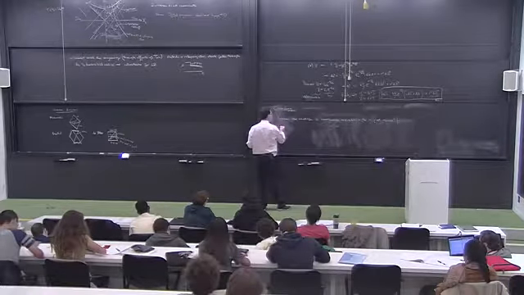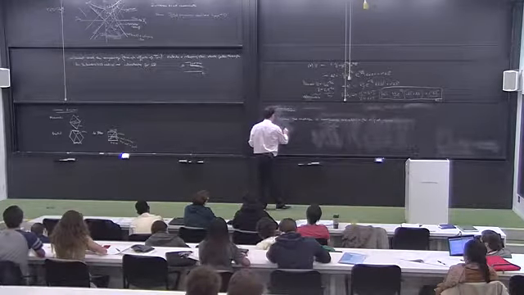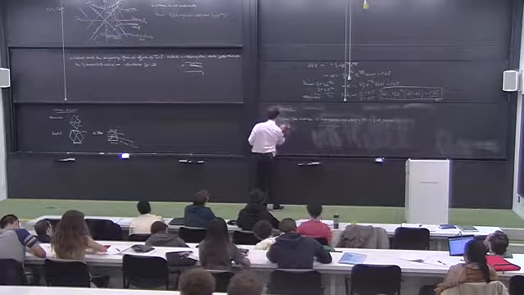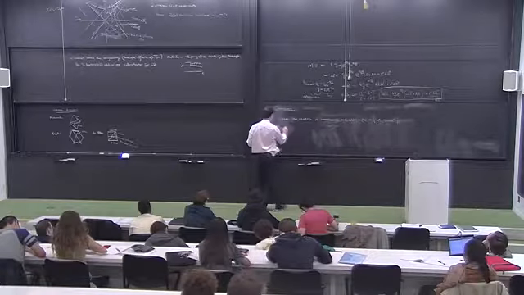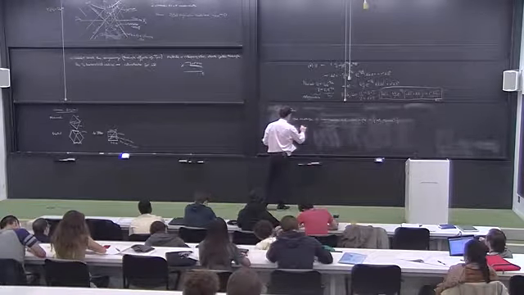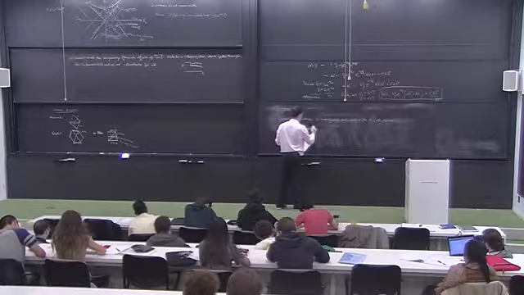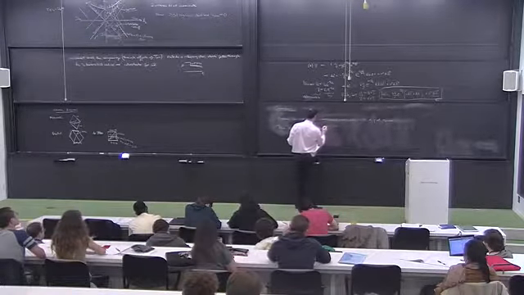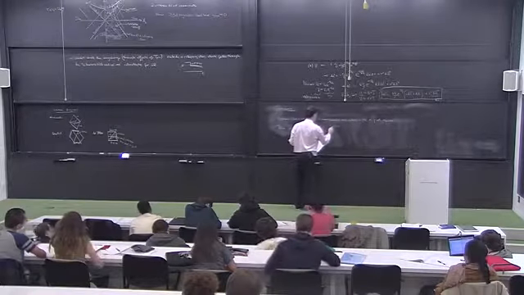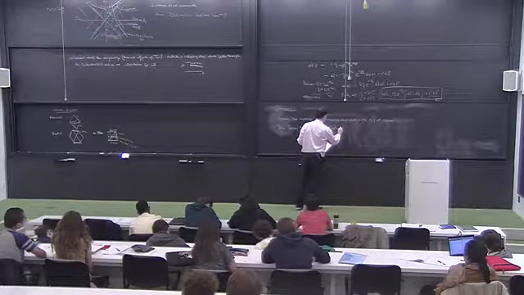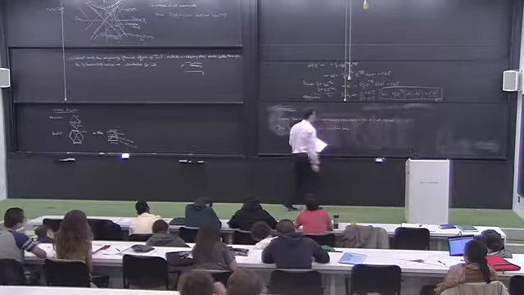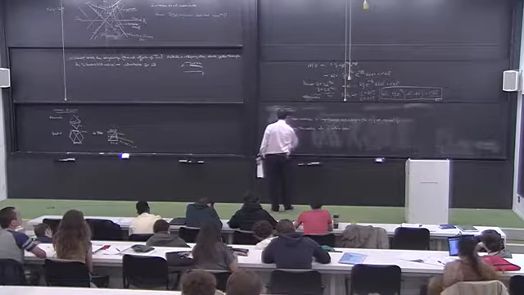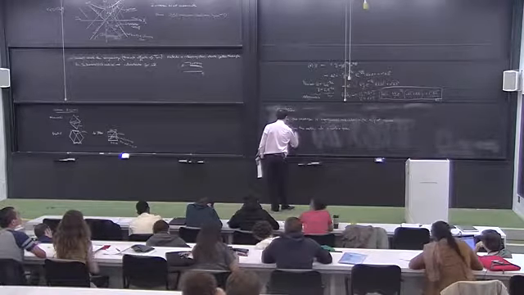And this forces the metric into a certain form, which is very intuitive. This is called the Friedmann-Robertson-Walker metric.